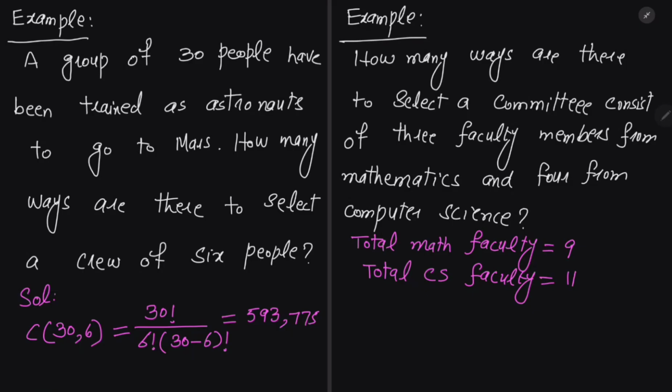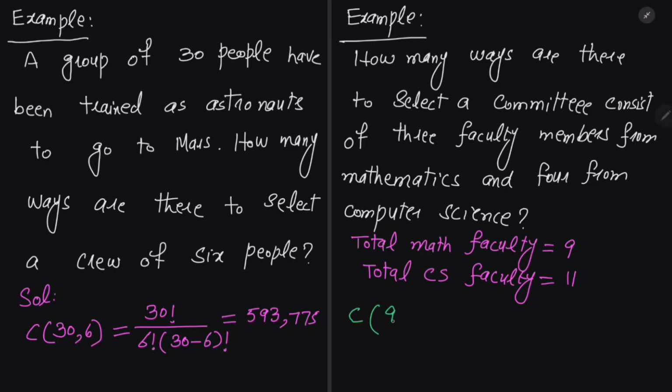So you want to make a committee from 9 people of the math department and choose 3 from them, and similarly from 11 computer science faculty you want to choose 4 out of them. So we need distinct elements. The first combination will be from math.